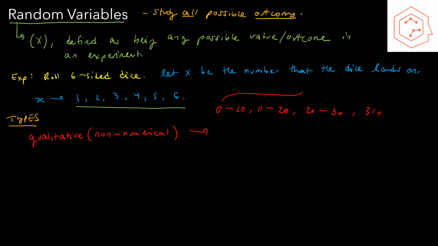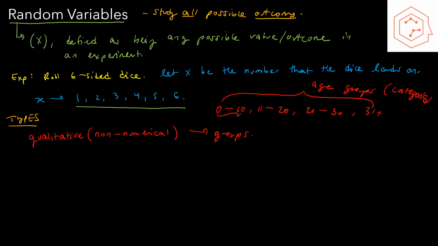So these are age groups. Or you could look at them as being categories. And the main point here is these are not numbers. They consist of numbers, but the structure here is a group. So since they're groups, they are non-numerical. So that's one type of random variable.